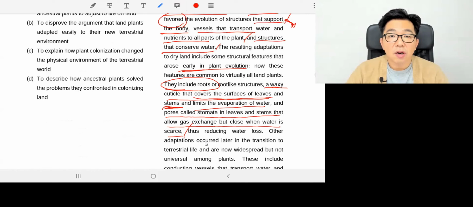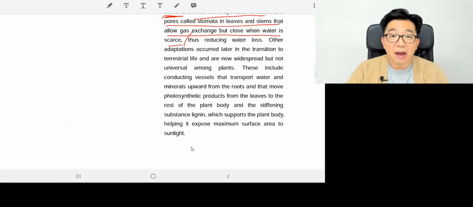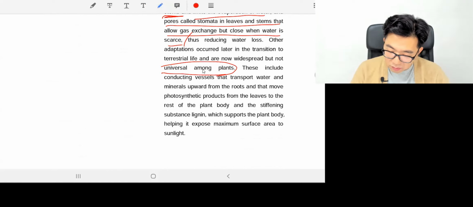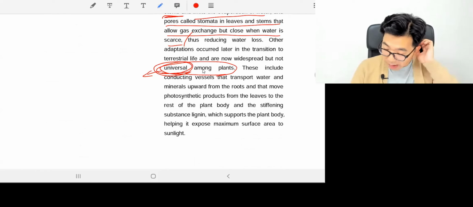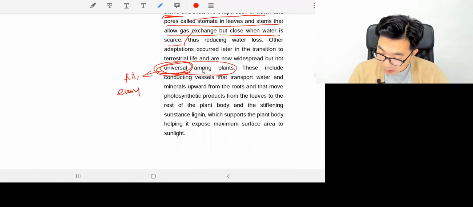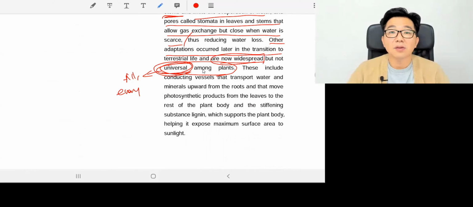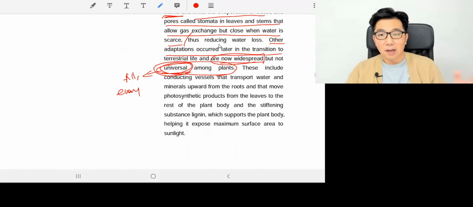Other adaptations occur later in the transition to terrestrial life, land life, and are now widespread but not universal among plants. So it's not every single plant, okay?